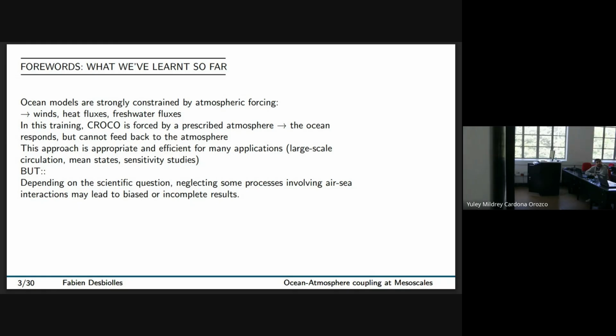This approach is very, very appropriate for many studies, so it depends on your scientific question. But depending on your scientific question, neglecting some processes involved like ocean-atmosphere interaction might lead to bias or incomplete results, okay?